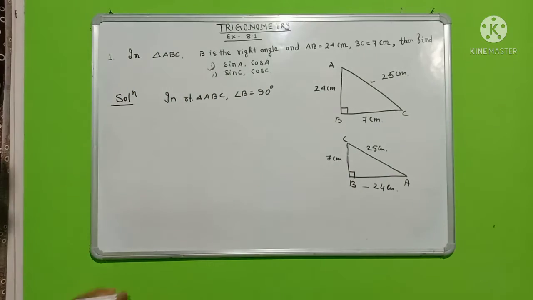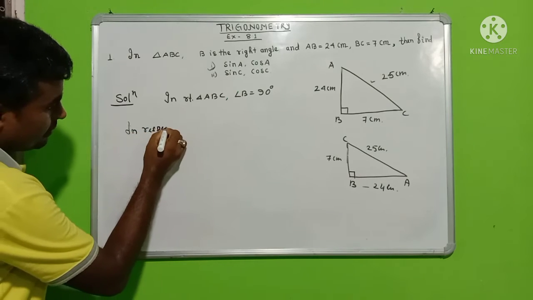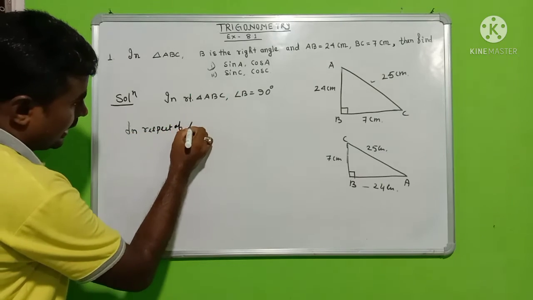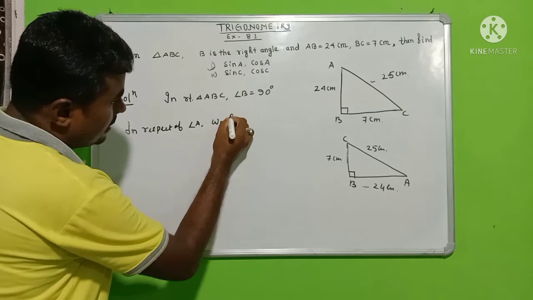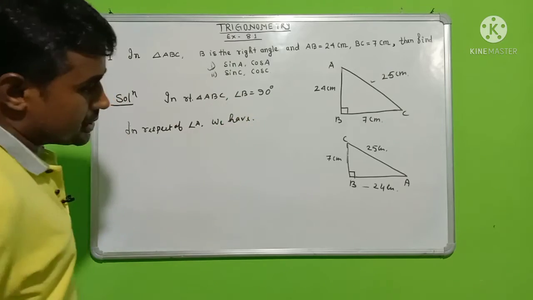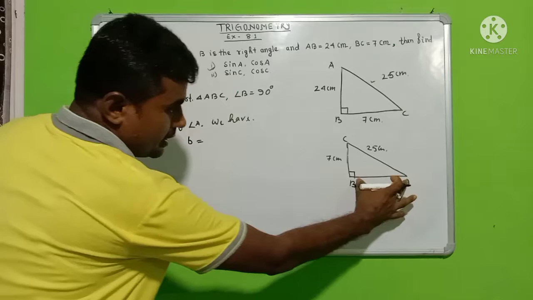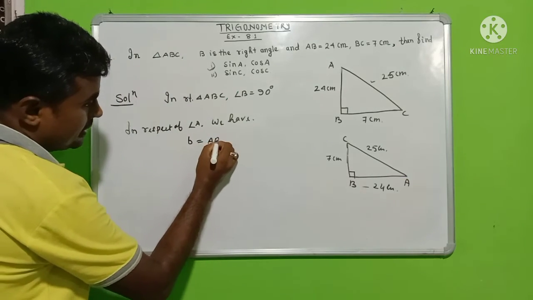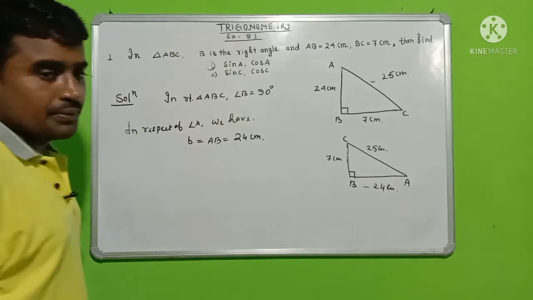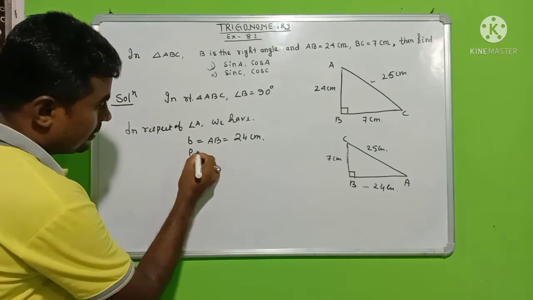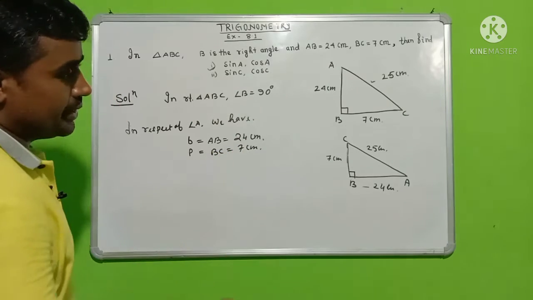Now in respect of angle A, we have base AB, which is 24 centimeter. Perpendicular is BC and it is 7 centimeter.